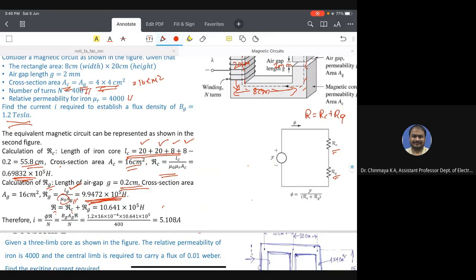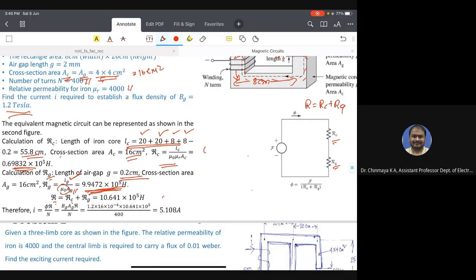We know that flux phi is equal to MMF divided by reluctance, and MMF is N into I, so phi is equal to N into I divided by reluctance. Therefore, I is equal to flux into reluctance divided by number of turns.